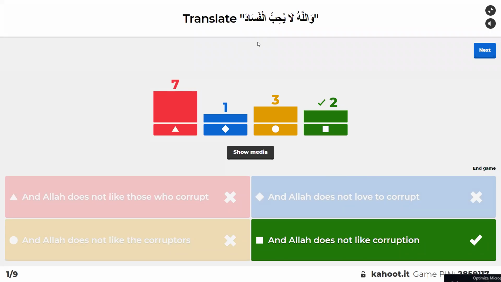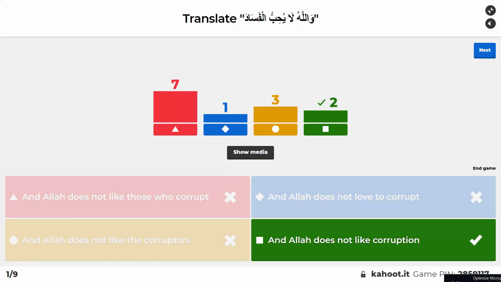What is al-fasada, or what is fasadun? Fasada is corruption, guys. Allah does not like. So, la yuhibbu: yuhibbu is loves, la yuhibbu is does not love.